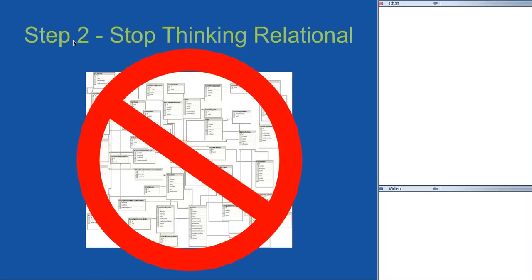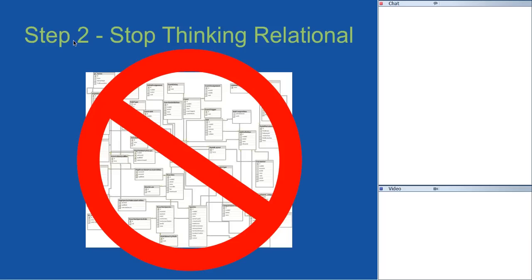But I think the first thing is to stop thinking relational when it comes to the data model. We're so trained to think about how we normalize this data, how we do it so that the addresses are represented in one place and those join out to a table of names, and we spend so much time on this.